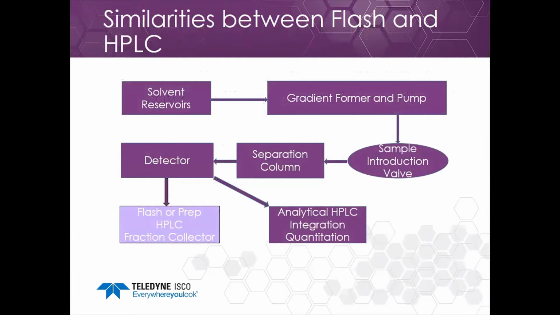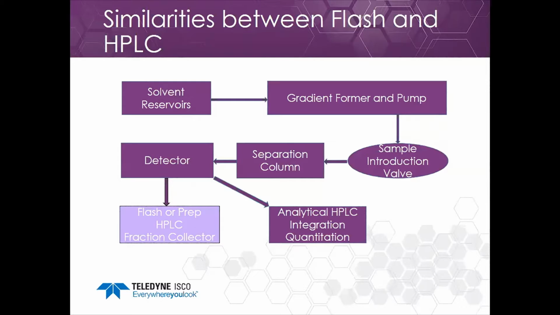First I want to discuss the basic equipment set up for a flash system, and it's very similar to what you would see in an HPLC system. We have our solvent reservoirs, followed by a gradient former and a pump where mixing takes place. Then we have our sample introduction valve. For HPLC, you'd have an injection valve where you're putting your sample. For the flash system, you may be doing a liquid injection onto the column, or you may be using an automated valve that allows a solid load cartridge to be used.